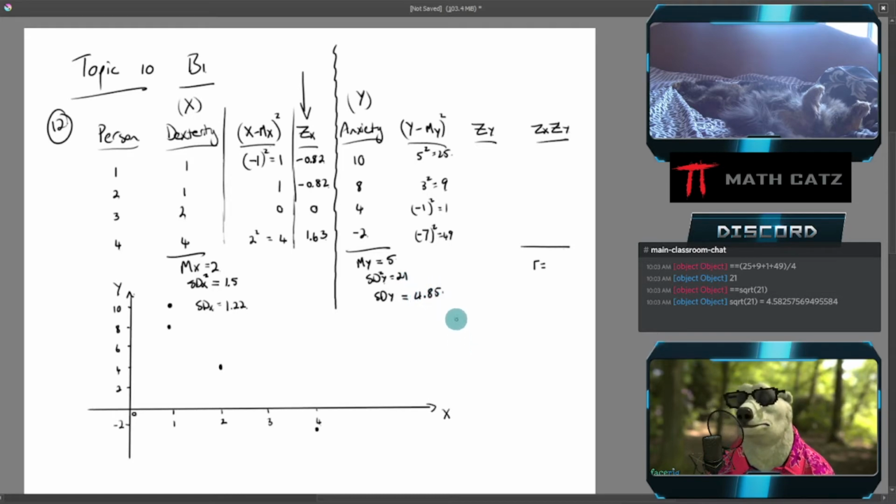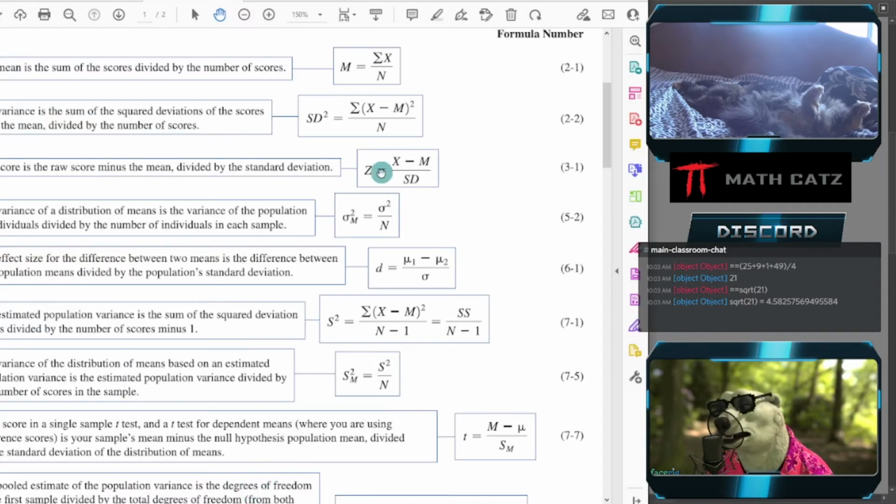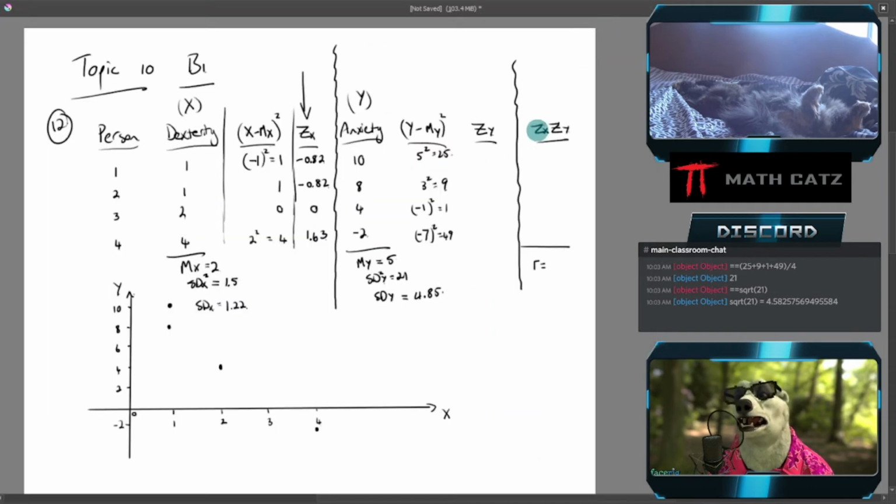Then to get, before I combine them, the z-scores for the y variable, we again think of this formula. The raw score minus the mean over the standard deviation.